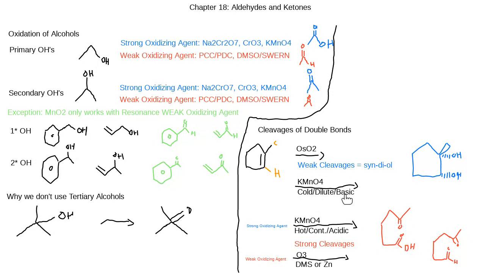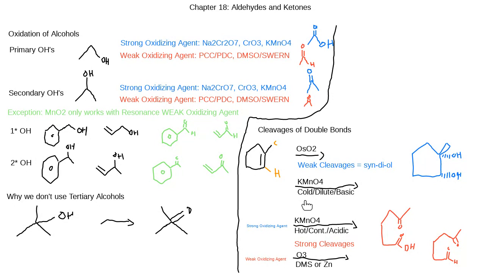And it doesn't have to be all 3. It will most likely just say 1. If you see that, wherever the double bond is, it will break that double bond, and it will add 2 alcohols in a syn addition fashion.